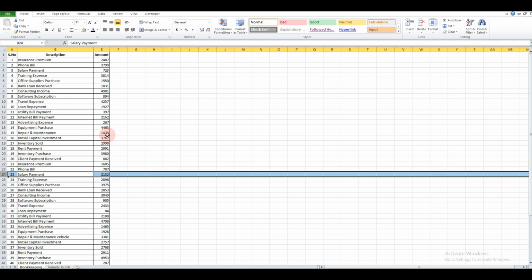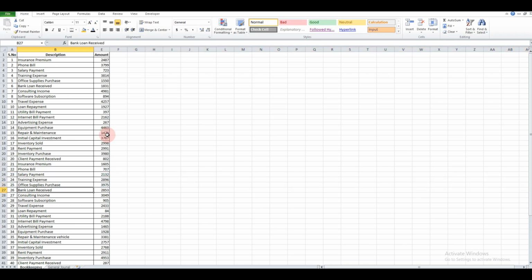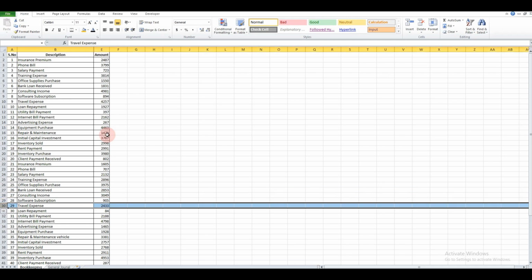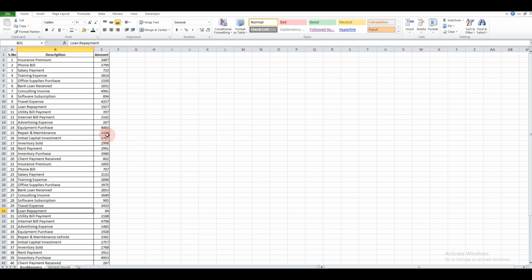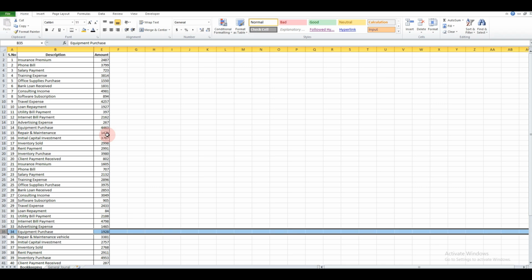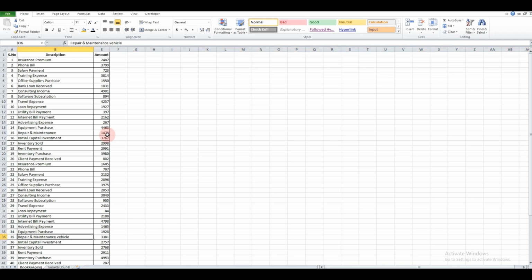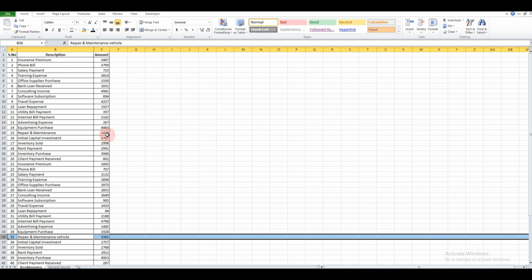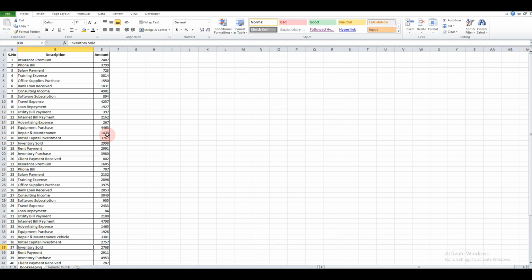Insurance premiums again, phone bill, salary, training, office supplies, bank loan, consulting, software subscription, travel expense. It's also an expense. Loan repayment, utility bill, internet bill, advertising expense, equipment purchase. It's an asset account. Vehicle and repair and maintenance of vehicles. It's a vehicles expense.